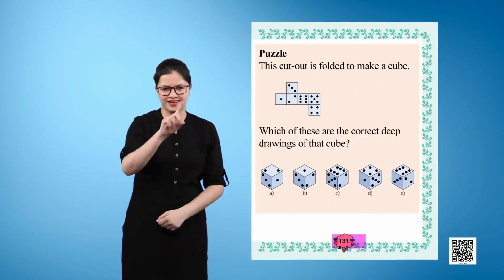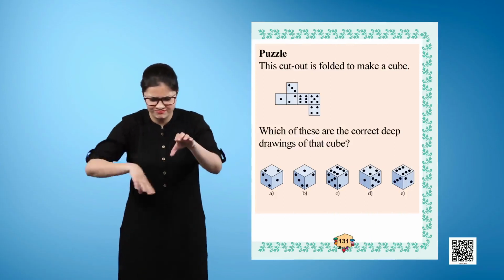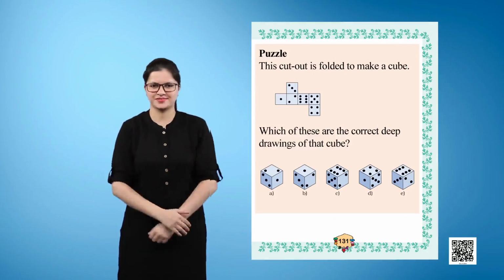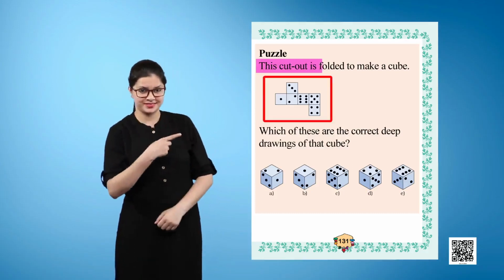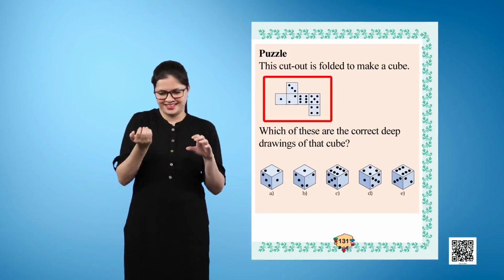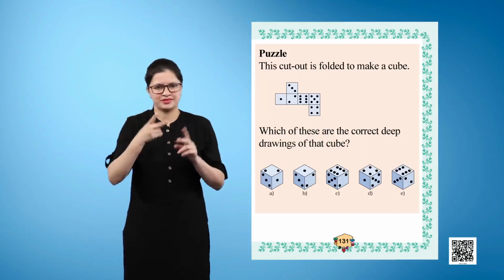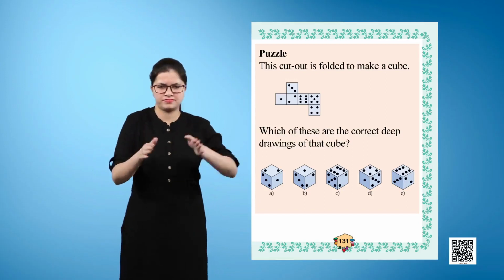Page 131. Puzzle. This cutout is folded to make a cube. There is a cutout before us which, when folded, can be turned into a cube.